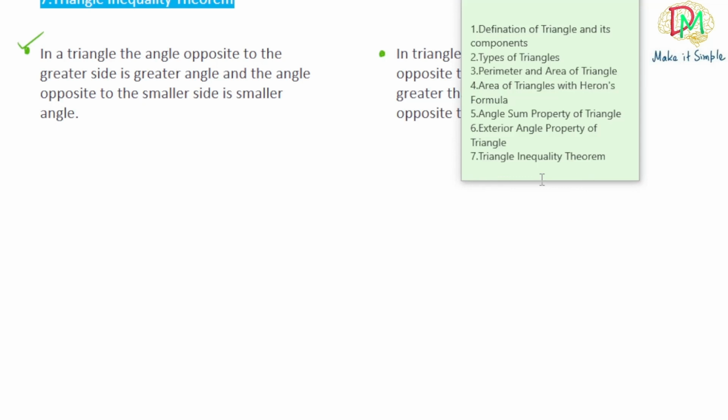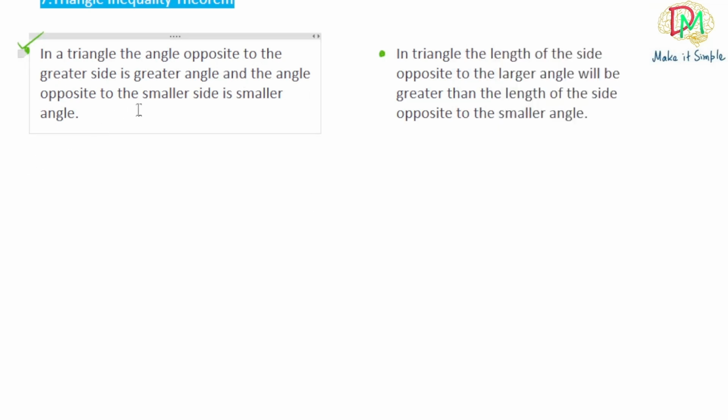Before discussing this theorem, we should know another theorem: in a triangle the angle opposite to the greater side is the greater angle, and the angle opposite to the smaller side is the smaller angle. So what does that mean?